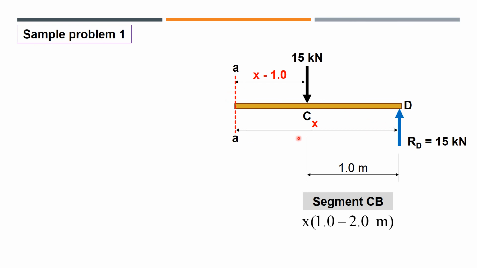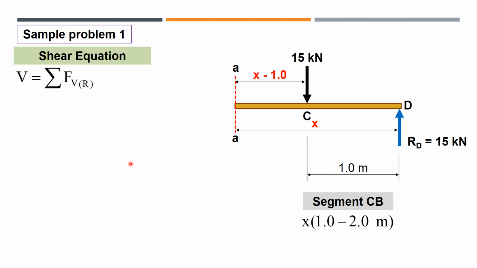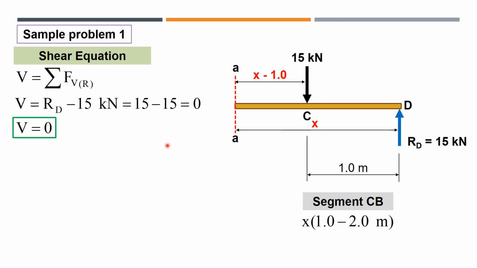So this is X minus 1. So when you sum up the shear values to the right of the cutting plane, you have RD upward minus 15, or V equals 0. So if you still recall doon kanina sa isang equation natin for BC using the left side of the cutting plane, we also get the same shear equation, which is V equals 0.